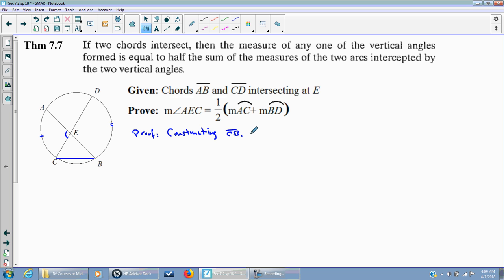Okay. So we'll go back here. Let's construct CB. Okay. Now, looking at CB, I have a couple of inscribed angles here.